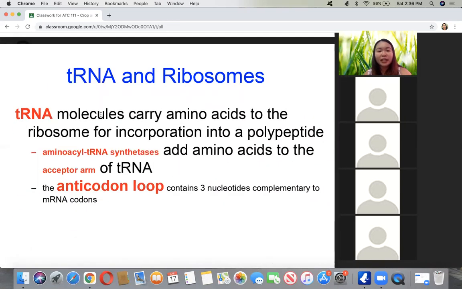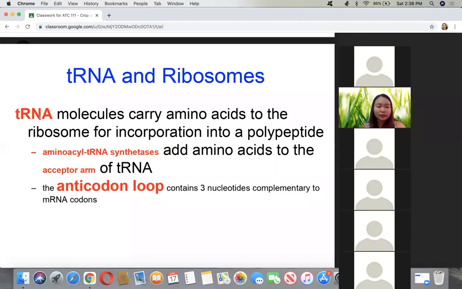So, the tRNA and the ribosomes: the tRNA molecules are the ones that carry the amino acids to the ribosome for incorporation into a polypeptide. While the aminoacyl-tRNA synthetases are the enzymes for the amino acids. All the names ending in -ase are enzymes. So, the acceptor arm of the tRNA.